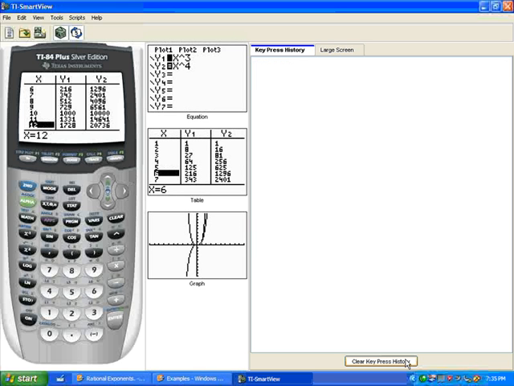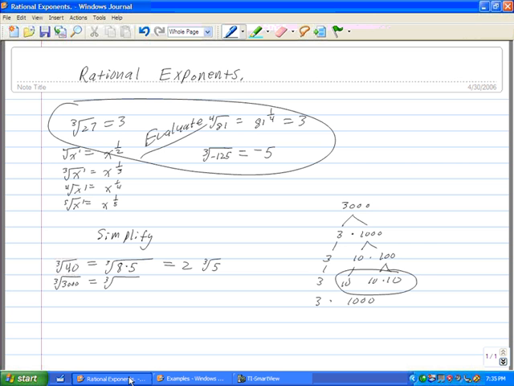I just didn't spot it, but that's okay. We broke it apart and we found it. So this is 1,000 times 3. The cube root of 1,000 is 10. The cube root of 3 is what you leave behind.